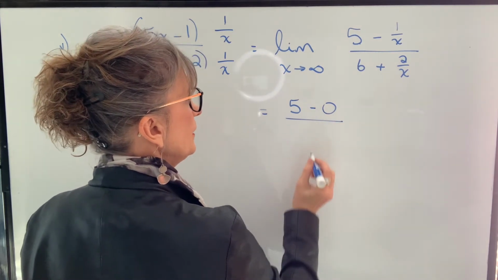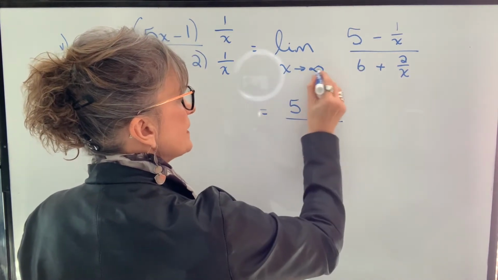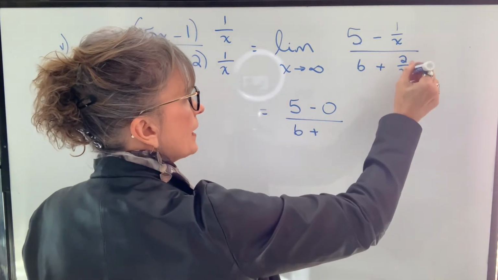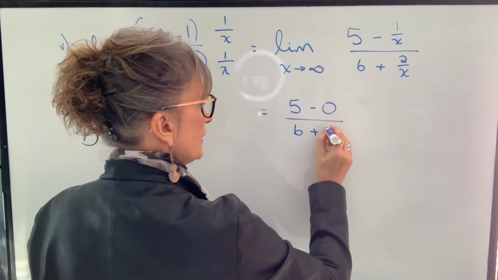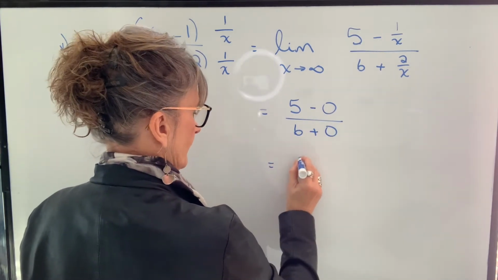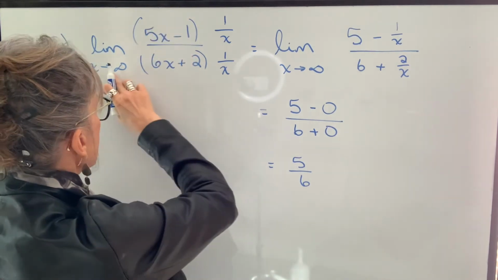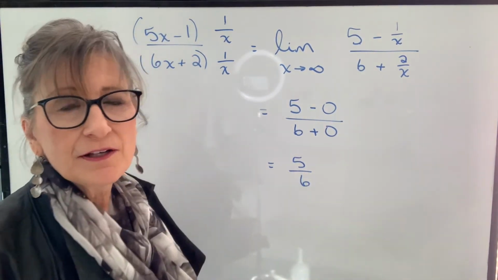In the denominator, the value of 6 as x approaches infinity is still 6, plus 2 over x approaches 0 as x approaches infinity. So the limit of this as x approaches infinity is actually 5/6.